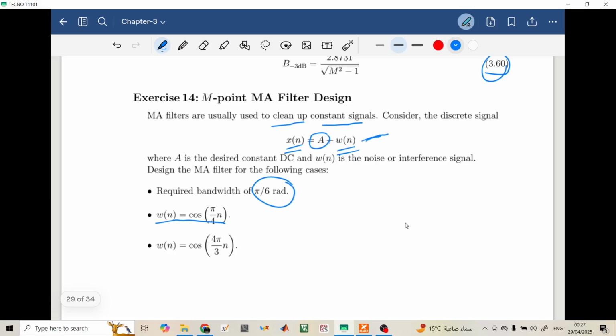And a third case, when the interference has a frequency of 4 pi over 3. Okay, so we want to design 3 filters, right? The first one with a specified bandwidth, the second 2 we want to eliminate a specified noise or interference.